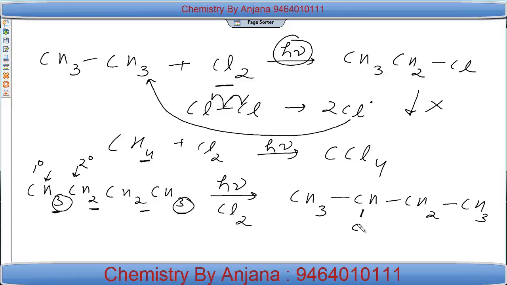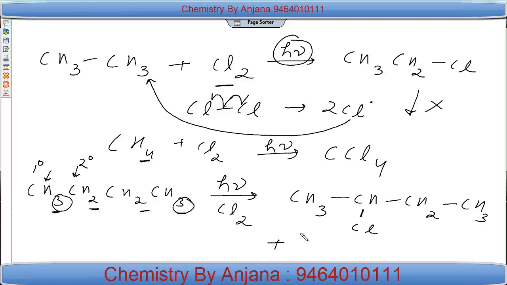So here product will be 2-chlorobutane, not 1-chloro. These H will be substituted with less probability. So first priority is second Cl. Cl at second position. So this product is major in this reaction.